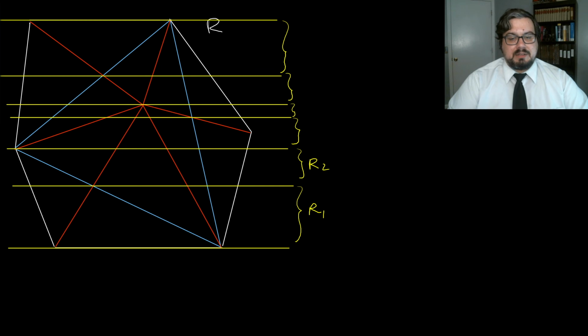But then we've got the region R2, which lies between the second and third yellow lines from the bottom. And we again have a trapezoid that's given by the region R that lies between the two lines at the edges of R2. But now the red and the blue lines haven't turned it into a triangularization yet, so we need to add some new ones.